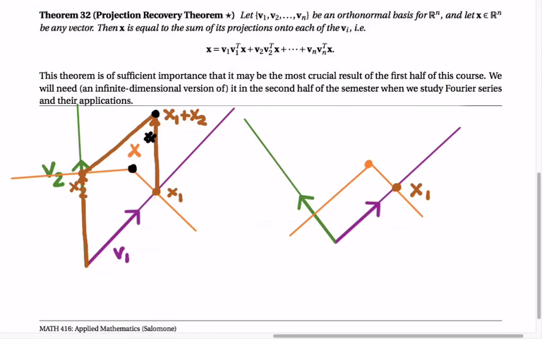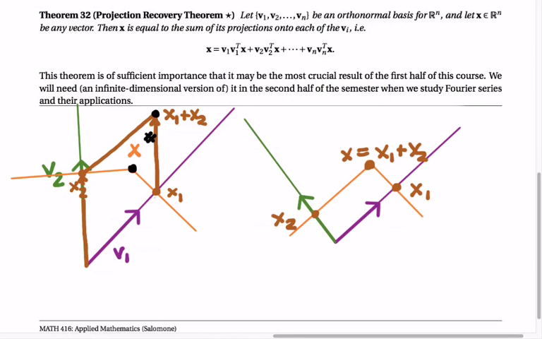Here's x2. And if I then add x1 plus x2 together, I end up getting exactly back to my original x. Okay, so that's the difference in situation.